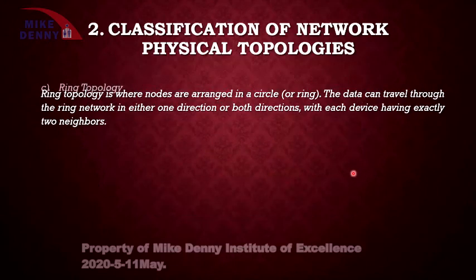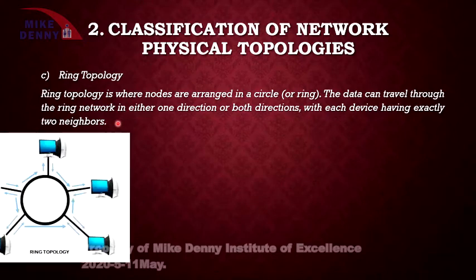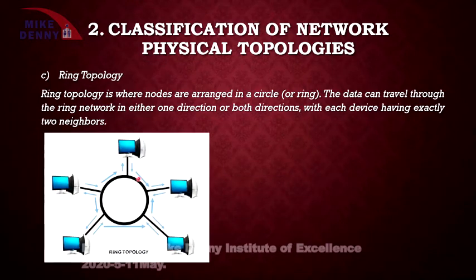Now we have the ring topology. The ring topology is where nodes are arranged in a cycle or a ring. That cycle is called a ring. The data can travel through the ring network in either one direction or both directions, with each device having exactly two neighbors. You will see with this illustration, it's very easy to understand.